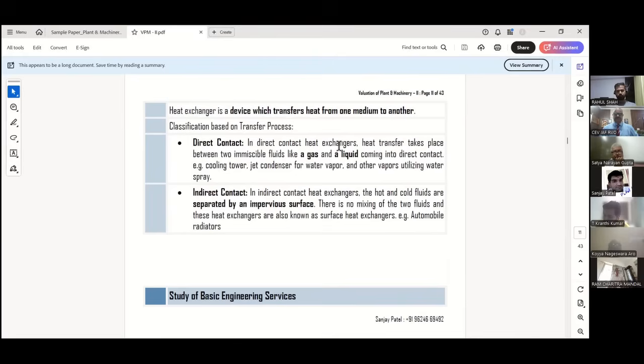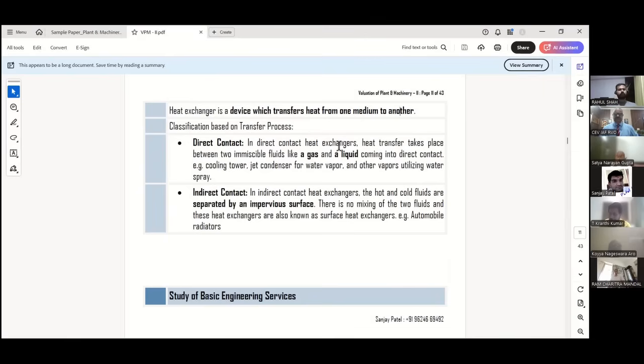So where is a heat exchanger required? Suppose oil is hot and we have to cool it, so it is passed through the tubes, with cold water passing in the surroundings.